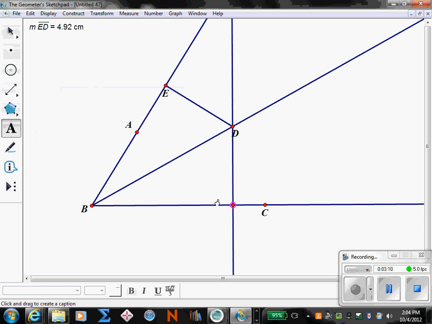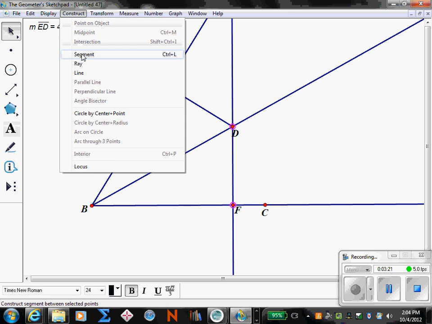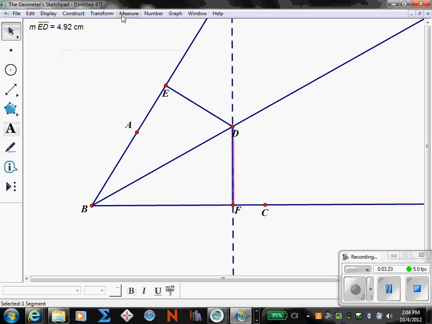I can name it. Make it a segment, measure its length, and then you can hide the perpendicular line.